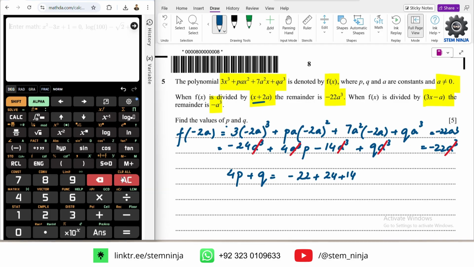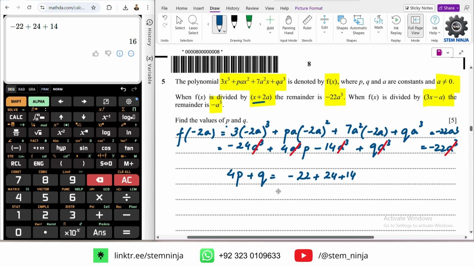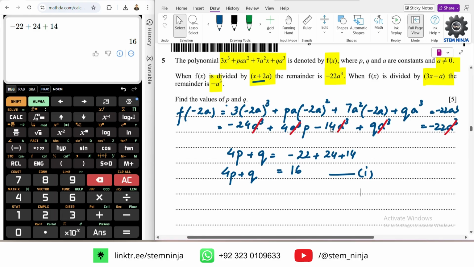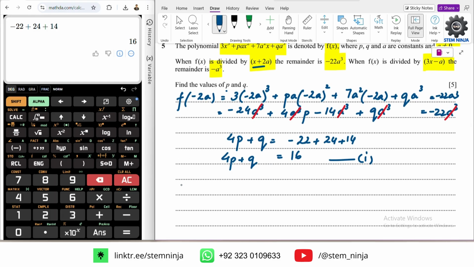Right? So minus 22 plus 24 plus 14 is 16. Okay, so this is our first equation. Right, the next one is 3x minus a. So that means f of a over 3.